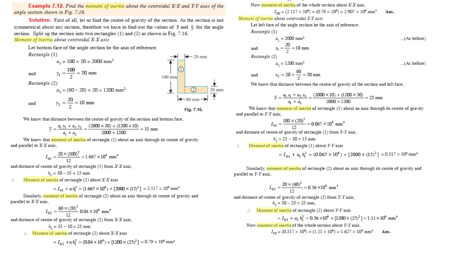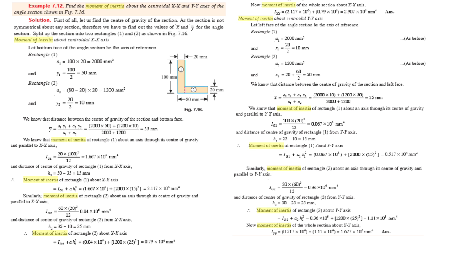So h1 is equal to y1 minus y bar. So h1 is equal to 50 minus 35, which is equal to 15 mm.